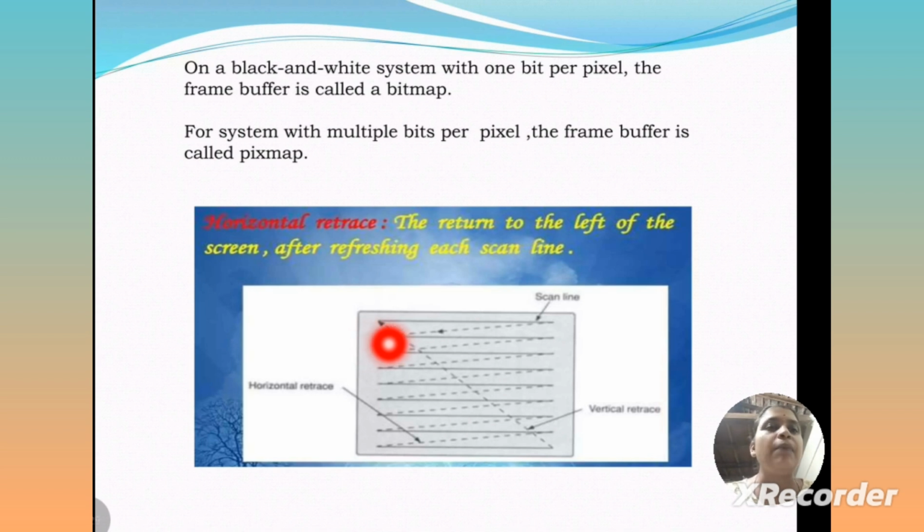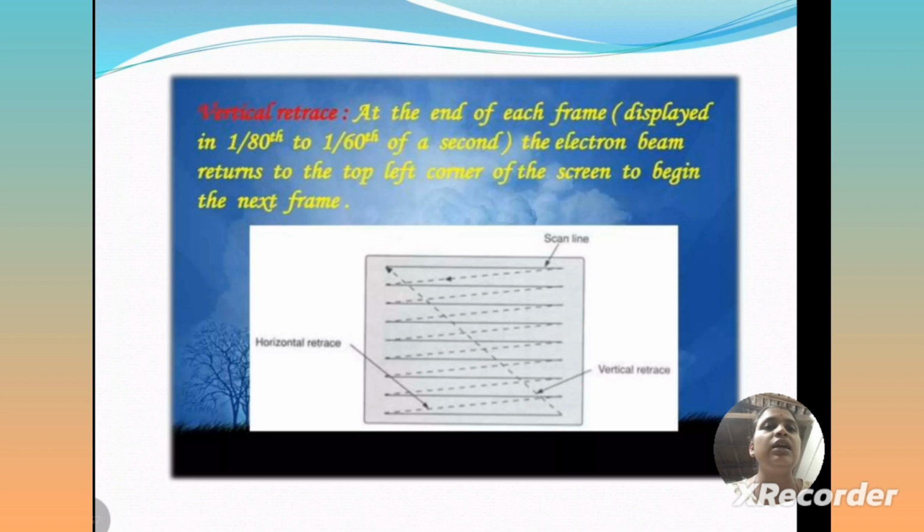When it has completed one row and is going to the next line, this is called horizontal retrace. So what is vertical retrace? When the entire frame is completed, after completing the entire frame, the beam of electrons is going to reach the top and start another one. So that is called vertical retrace.